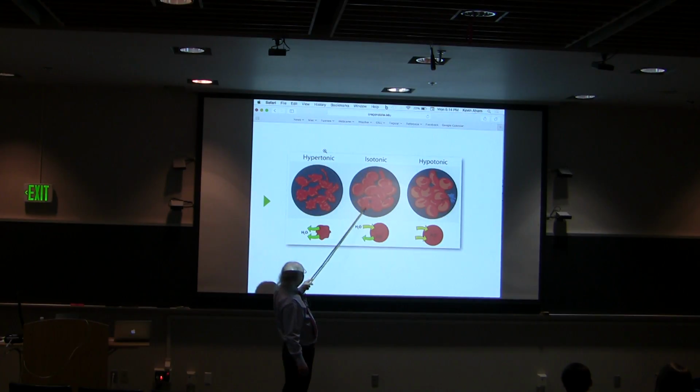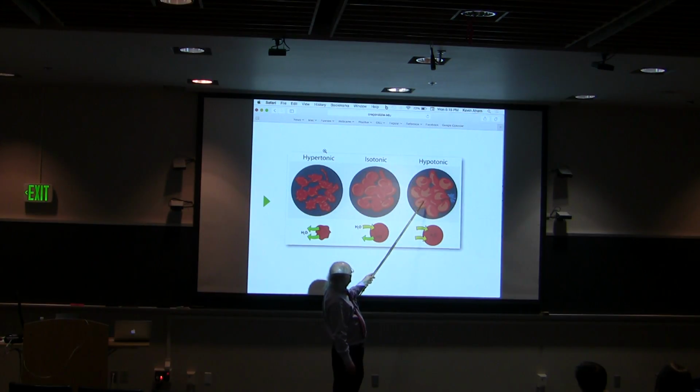An isotonic solution is one that has equal concentrations of ions as what we find in the cells. And so there's no net movement of water, same amount out as in. And a hypotonic is where we have less concentration of ions and compounds outside the cell than inside. When that happens, water diffuses into the cell, and this causes cells to burst.